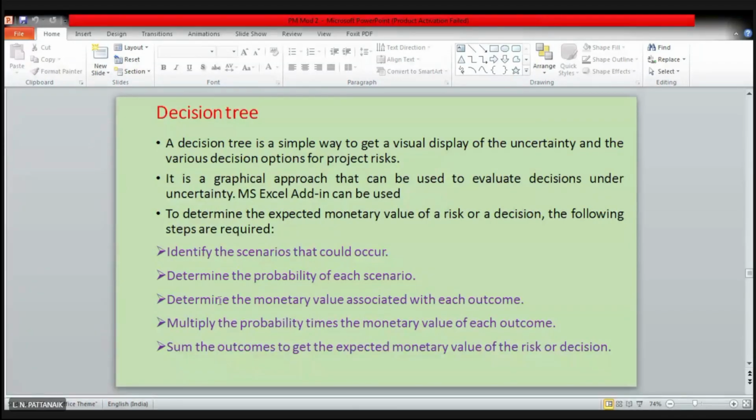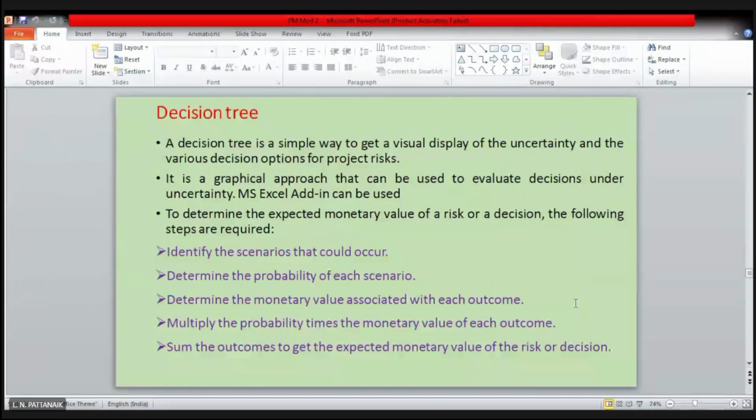So, mutually exclusive events. Identify the scenarios that could occur, right? So these are the steps to construct a decision tree. Identify the scenarios that could occur. Determine the probability of each scenario. As I said, the most difficult part is how to determine the probability. Determine the monetary value associated with each outcome.